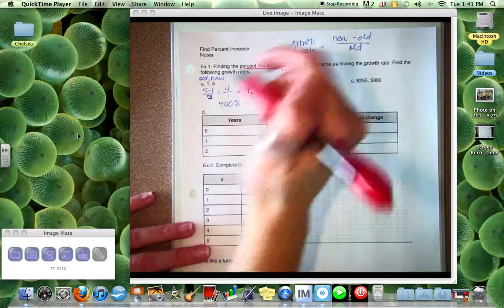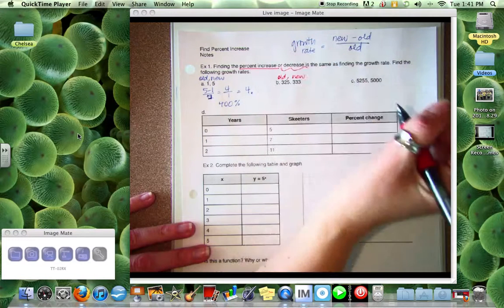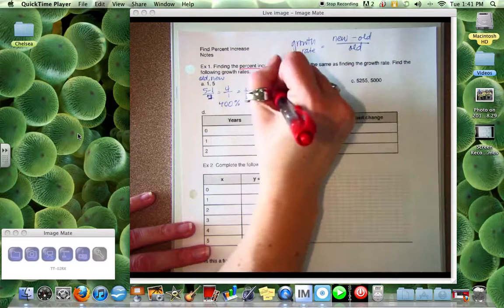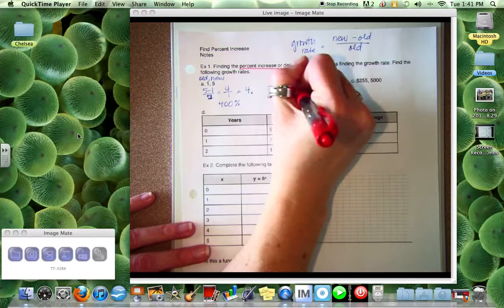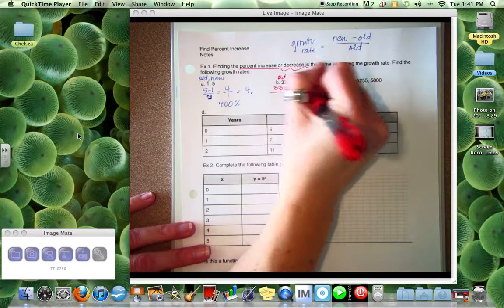So for B, we have old and new. So we have 333 minus 325 divided by 325.